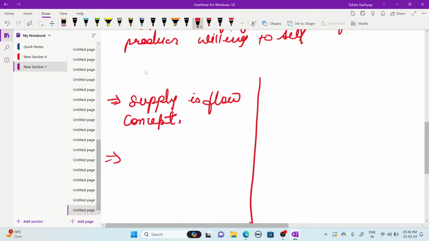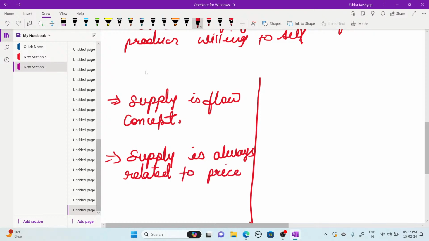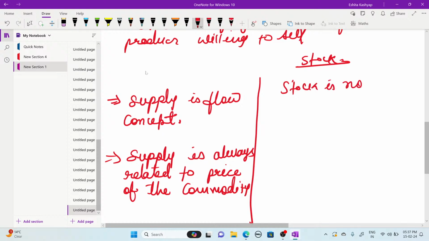On the other hand, stock is not a flow concept. It is measured at a point of time.